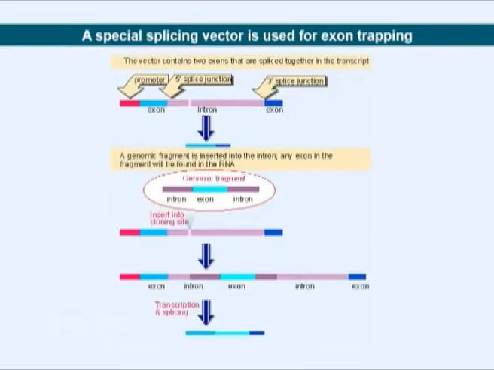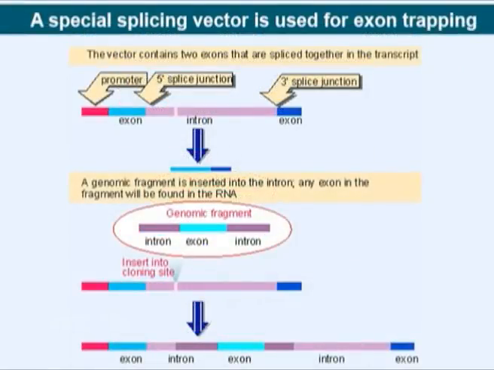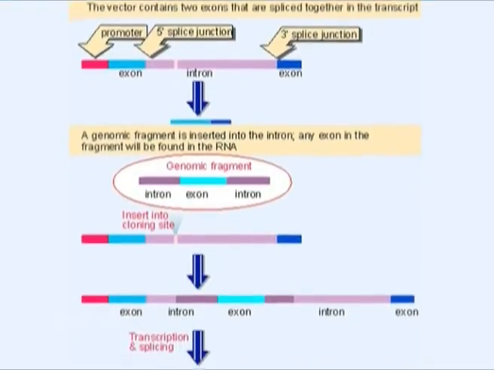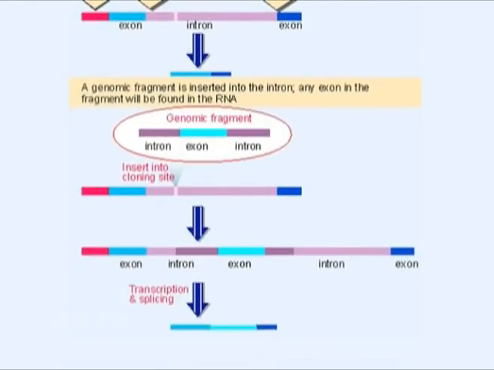So, the appearance in the amplified population of sequences from the genomic fragment indicates that an exon has been trapped. Because introns are usually large and exons are small in animal cells, there is a high probability that a random piece of genomic DNA will contain the required structure of an exon surrounded by partial introns.